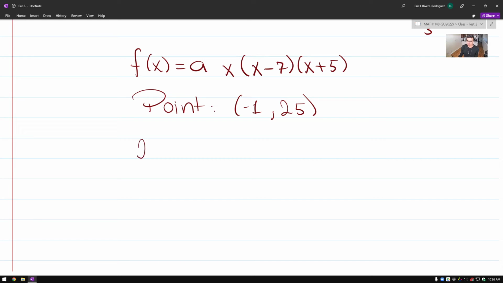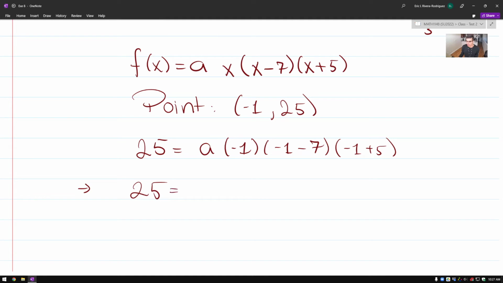That means that 25 equals a times negative 1, negative 1 minus 7 times negative 1 plus 5, and we solve this for a. So 25 equals a times negative 1 times negative 8 times positive 4.